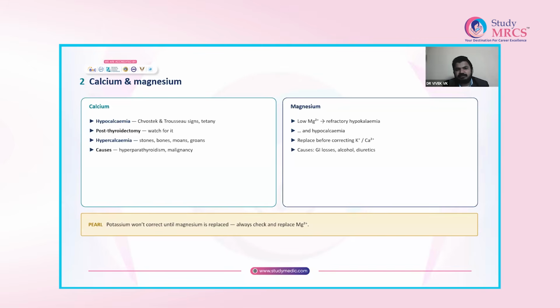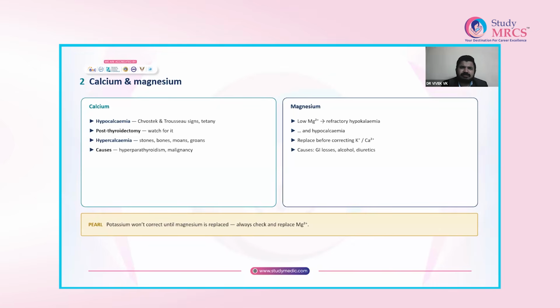So what about the magnesium? Suppose a patient is having refractory hypokalemia, you always check the serum magnesium and calcium also. And always you have to supplement the magnesium before correcting potassium or calcium. The causes of low magnesium include the gastrointestinal losses, excessive diuretic intake, and also excessive alcohol intake.